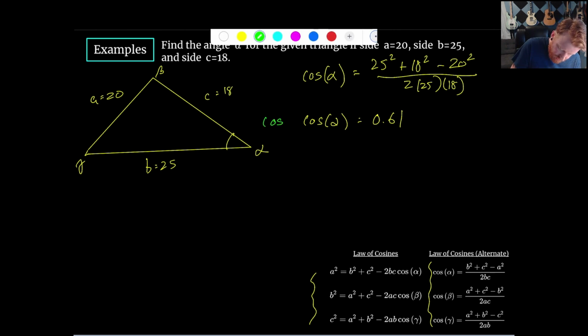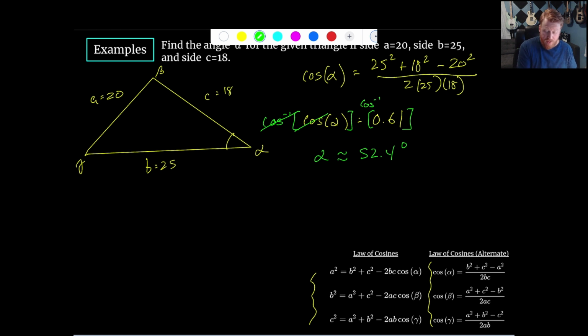But we're going to take the cosine inverse of both sides here, so that those undo each other, and we'll get that alpha is about, putting this into a calculator, 52.4 degrees.